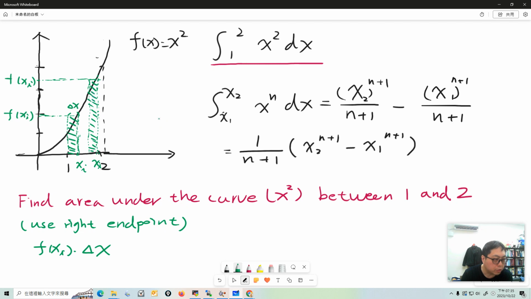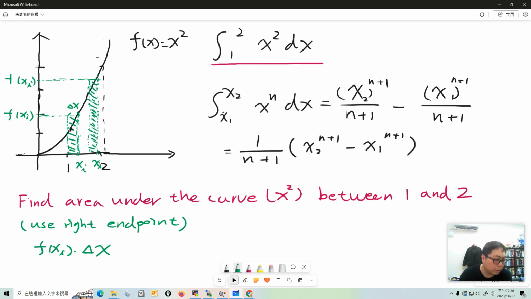We just keep doing this. We can slice the area between 1 and 2 into lots of very small rectangular areas, and we keep adding them together, and then we will find the area under the curve.